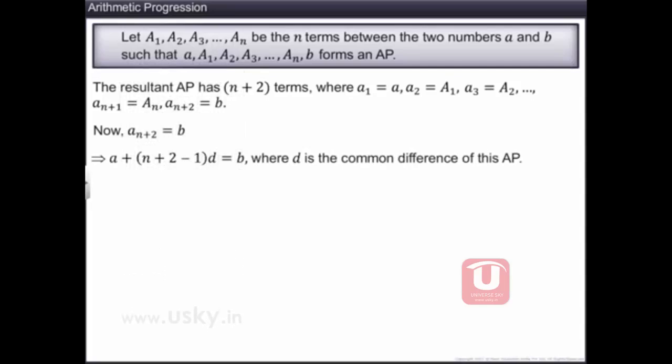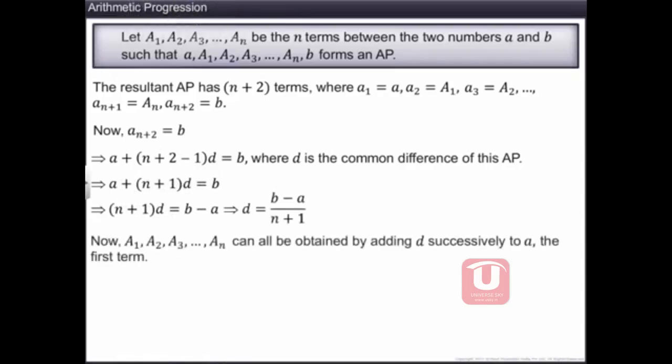It further implies that d is equal to (b minus a) upon (n plus 1). Now the inserted terms can be obtained by adding d successively to the first term.